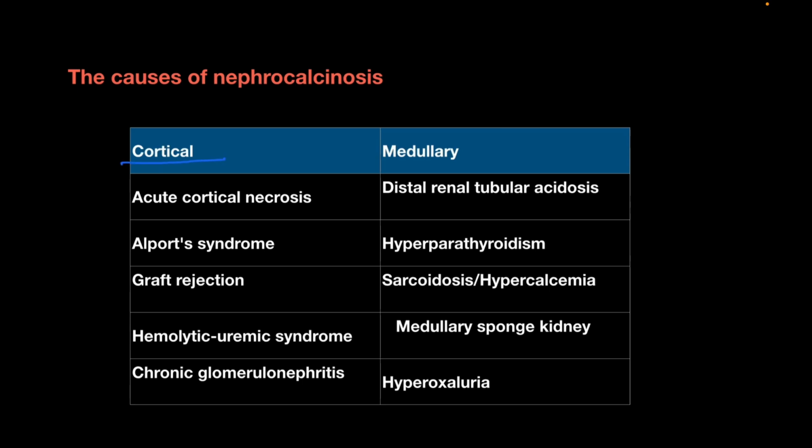So cortical causes might be acute cortical necrosis, Alport syndrome, graft rejection, hemolytic uremic syndrome, chronic glomerulonephritis, while the medullary causes can be distal renal tubular acidosis, hyperparathyroidism, sarcoidosis or hypercalcemia, medullary sponge kidney and hyperoxaluria. So these are the causes of nephrocalcinosis.